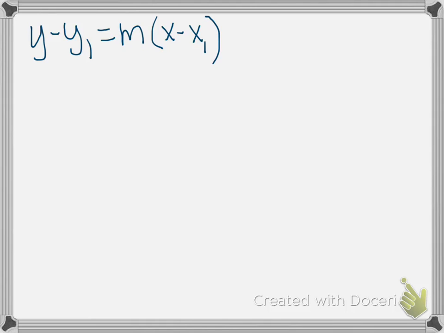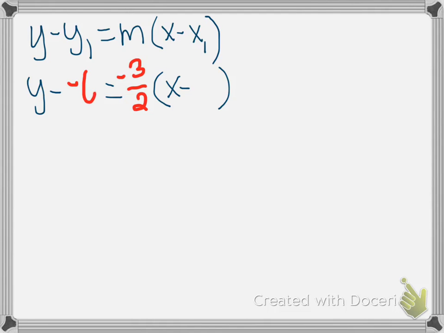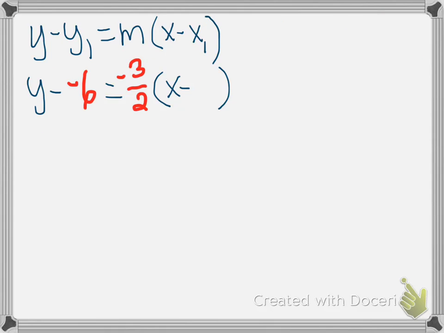And when I plug those in, y minus, the equal sign, the parentheses, x minus, and the other parentheses are all placeholders. All of the rest of the information I plug in from my points. My slope was -3 over 2, and I have to go back and look. y1 was -6, and x1 was 2. And that's my point-slope form right there.